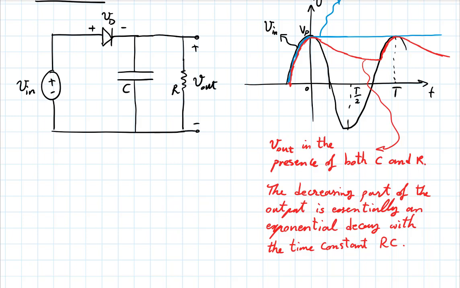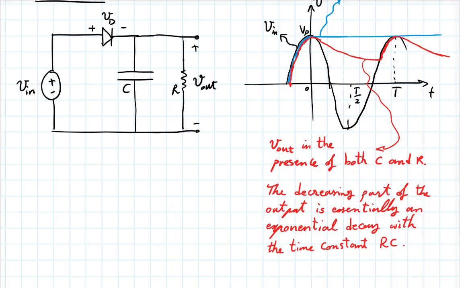So what value of capacitance would you choose? A big value. If C is large, imagine you have a given R, that's your load, whatever you're trying to deliver energy to. You want to increase the RC. So just give it a big C, and that will make these variations smaller.